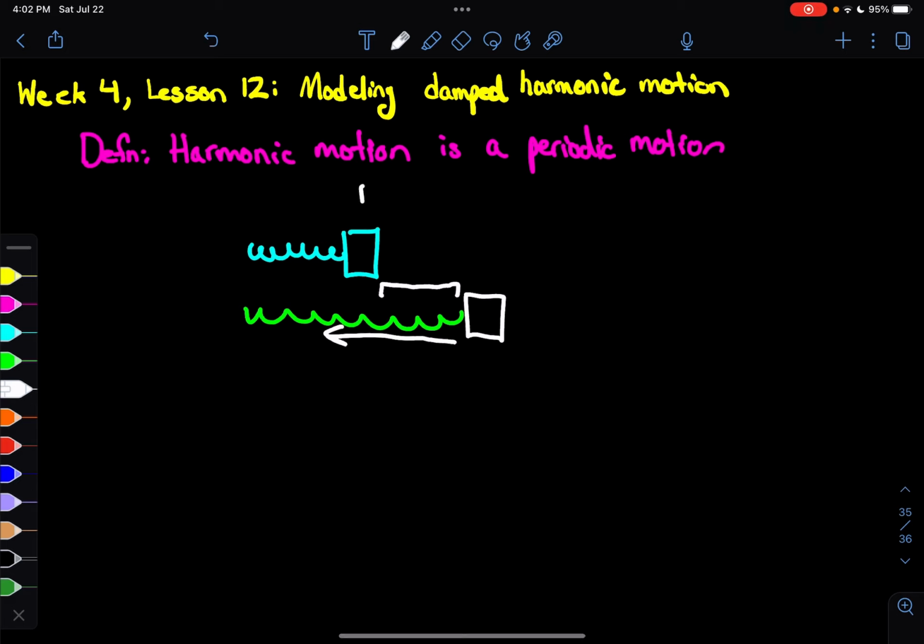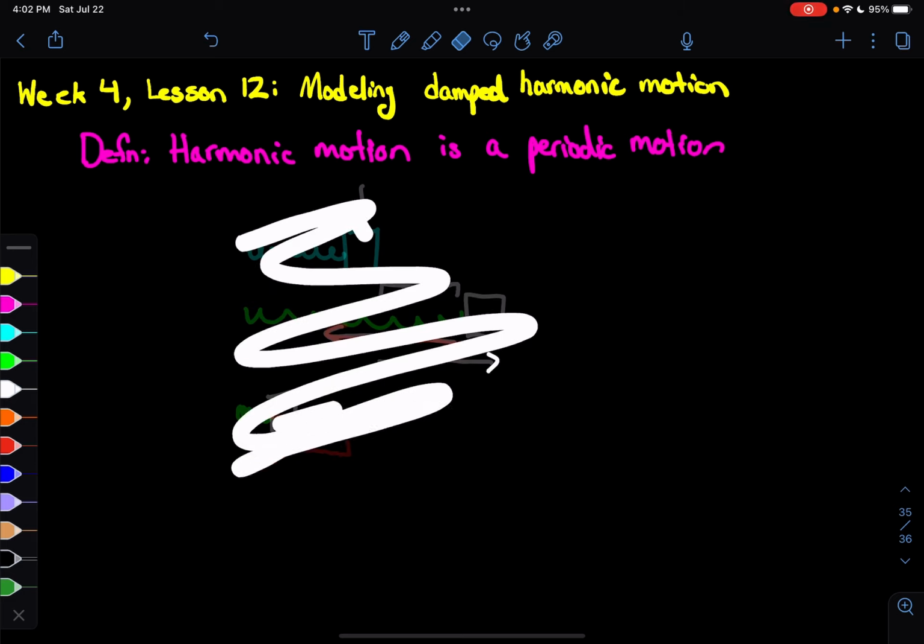So if the box is at equilibrium, there's no force being exerted, but the further I stretch the box out, the more force the spring exerts. And of course, as you compress the spring and the box ends up here, there's some distance we have traveled from equilibrium, and the more force the spring is going to exert out that way.